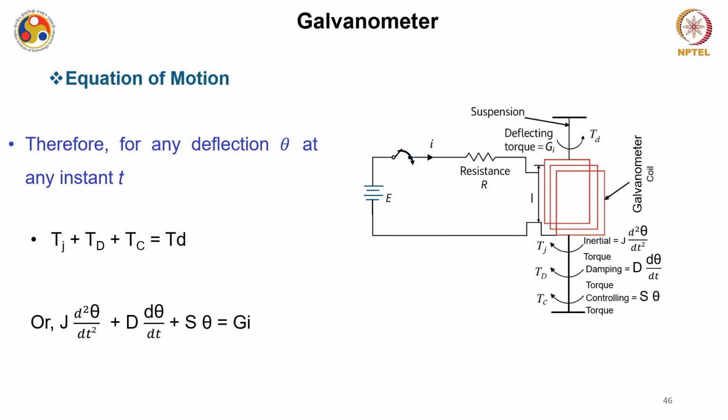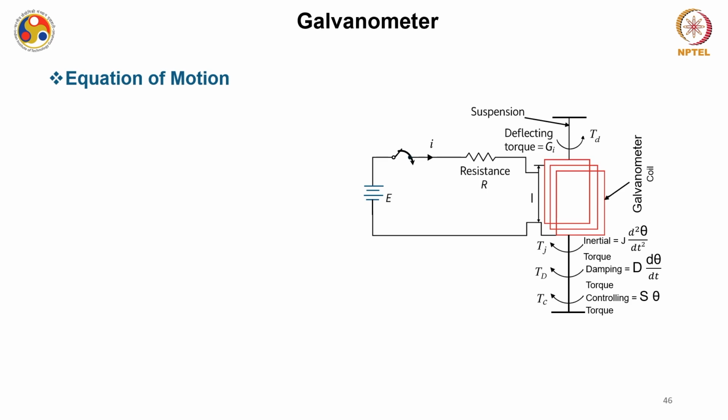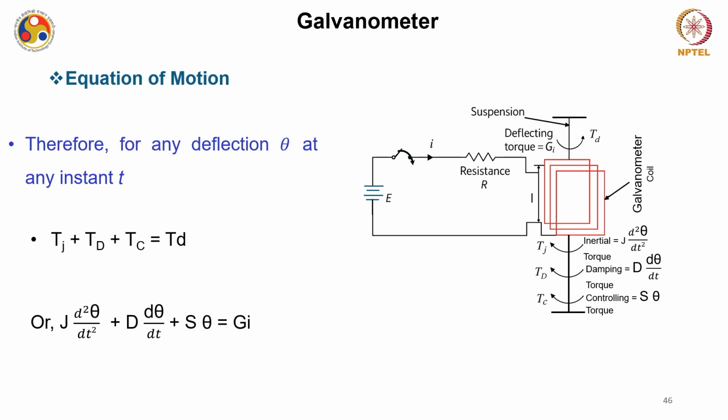So for any deflection, say theta, at any instant of time, say t, under the quasi steady state condition, this Td, which is the deflecting torque, will be equal to Tj plus Td plus Tc. The accelerating torque will be balanced by the other 3 torques, which are the inertial torque, damping torque, and the control torque, and this lays the foundation of the equation of motion.